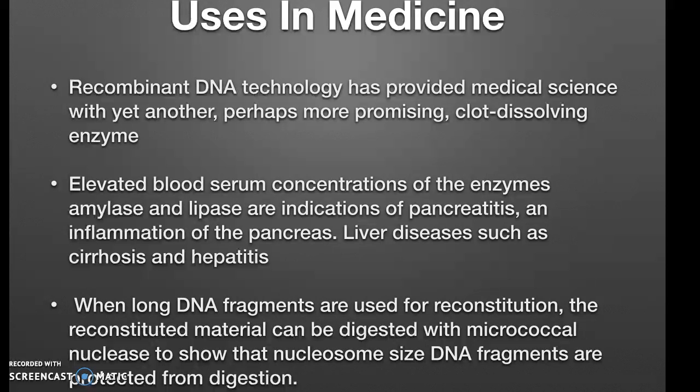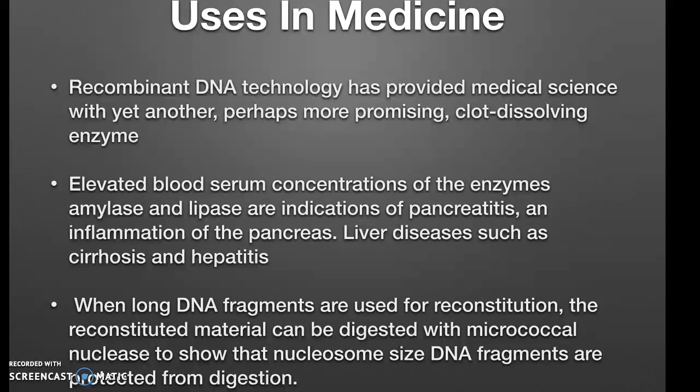Another thing in medicine is that elevated blood serum concentrations of the enzymes amylase and lipase are indications of problems of the pancreas. As I mentioned, I read most about the pancreas for the enzyme that we're specifically speaking of. An inflammation of the pancreas is a huge thing known today, both within the United States and across the world. Pancreatitis, cirrhosis, and hepatitis, the levels of those diagnoses are huge.